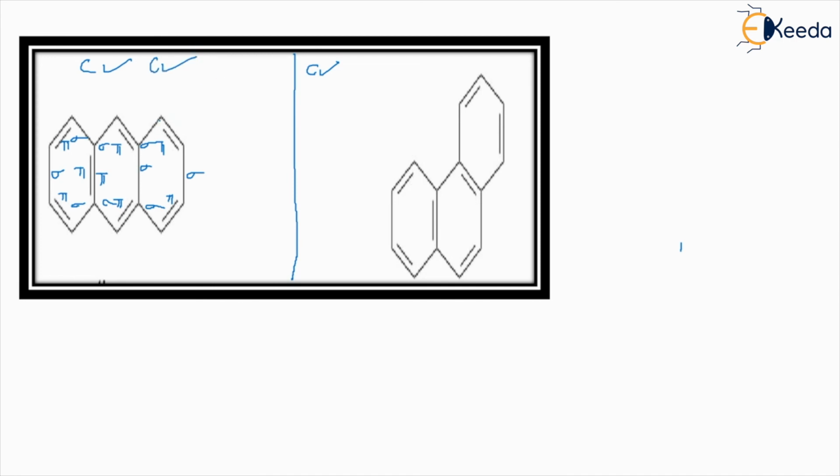Let us calculate the number of electrons. 1, 2, 3, 4, 5, 6, 7, 8, 9, 10, 11, 12, 13, 14. So 4 into 3 plus 2. 4 3s are 12 plus 2, 14.